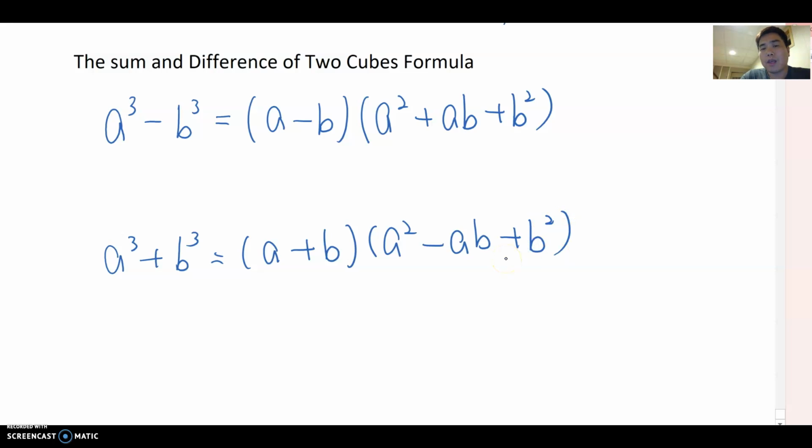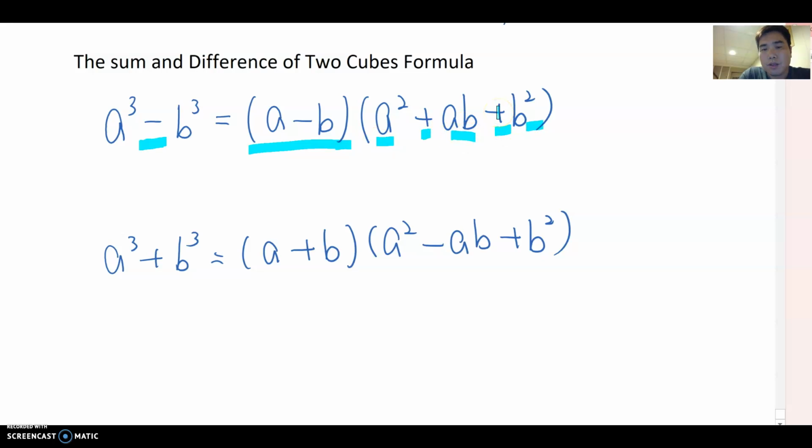So when you look at these two formulas, you may notice one fact. If the sign is minus, then the first factor becomes a minus b, a single a minus a single b, right? And the second factor becomes a square plus ab plus b square.